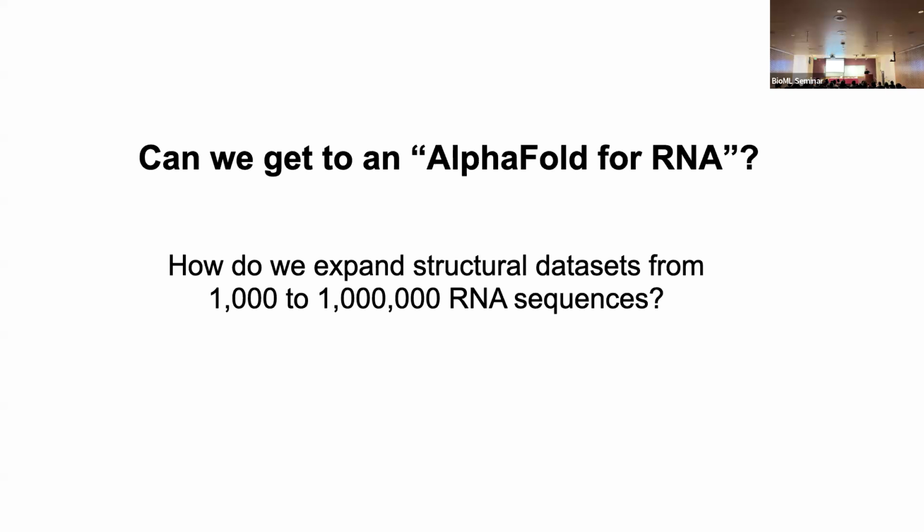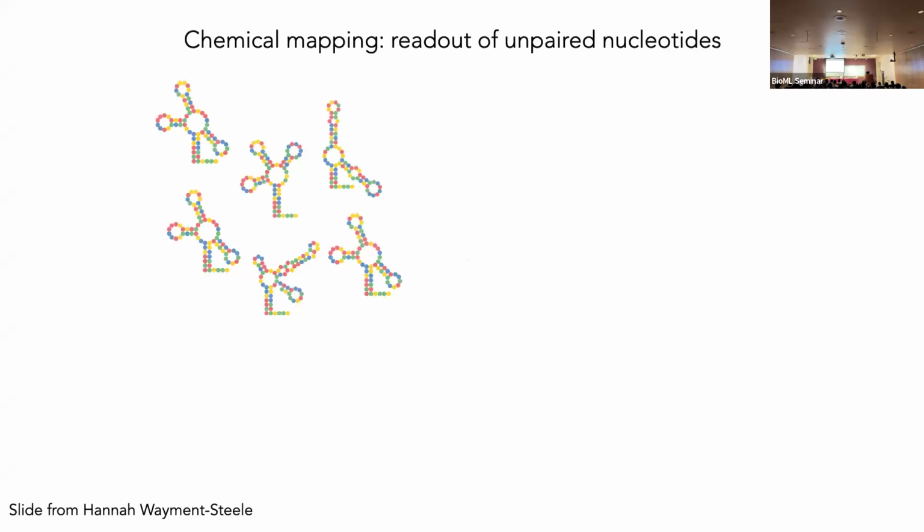And so my personal goal and my lab's goal for a little over a year now has been to find some way to get lots of structural information to help us train something like an AlphaFold for RNA. And we've had to go back to what looks like a kind of low information technique.